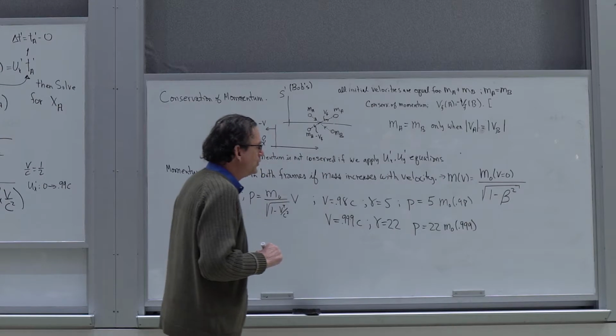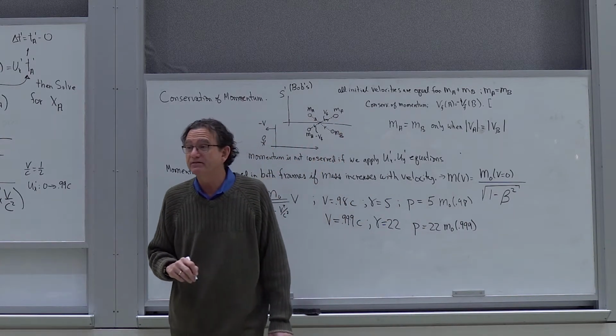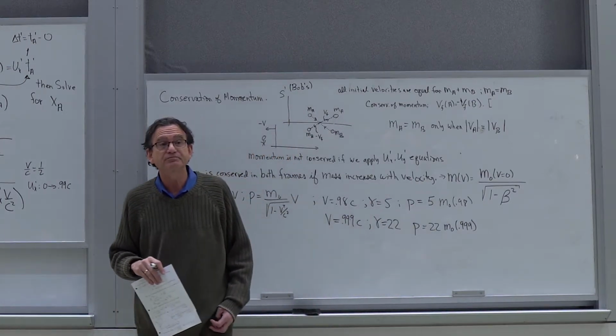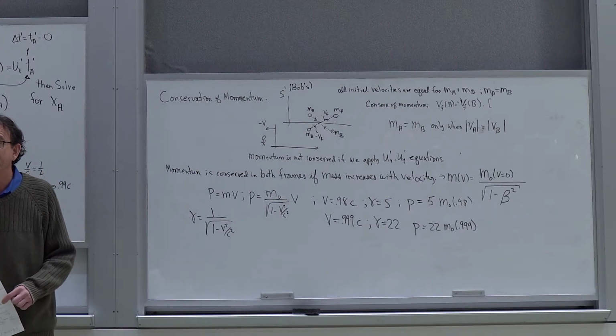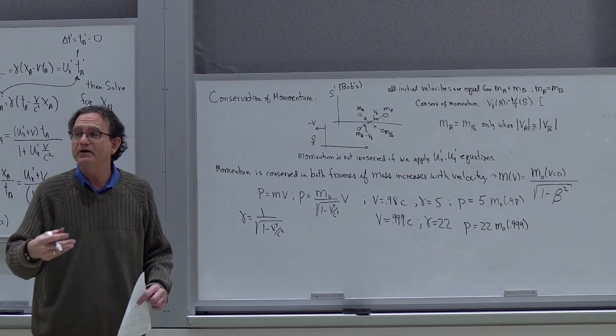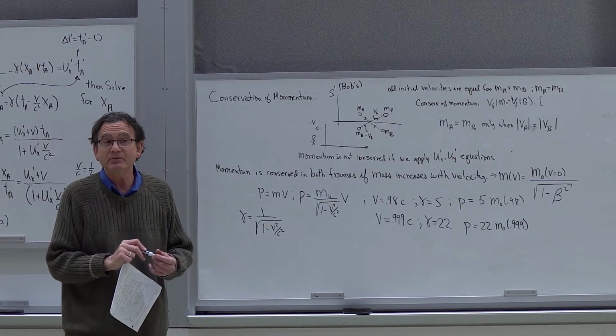So the velocity only went up 2%, but the momentum went up by a factor of 4.5. Why? Because mass increased. And that's an observable effect that one can verify with subatomic particles.